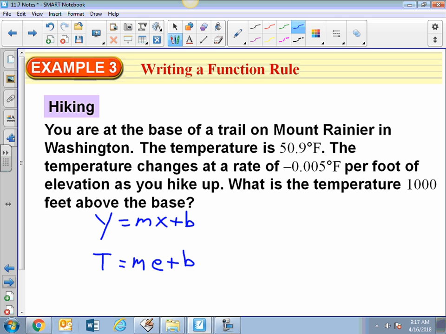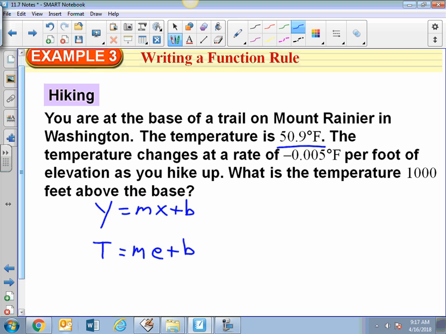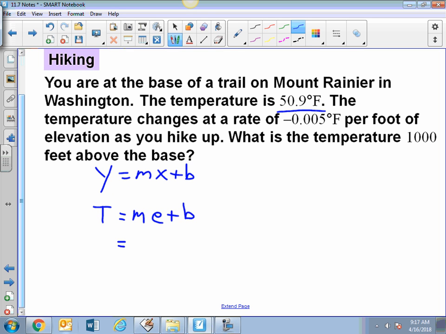Now, b would be our initial temperature. So in this case, they give you 50.9 degrees for your initial temperature. Well, if I go ahead and plug that in, it'd be plus 50.9.